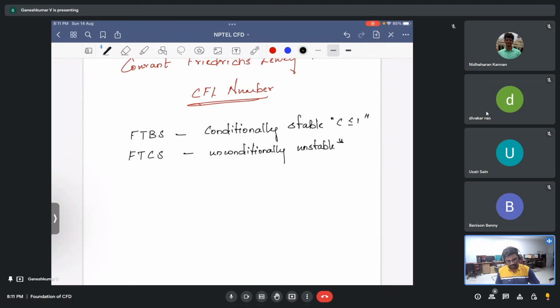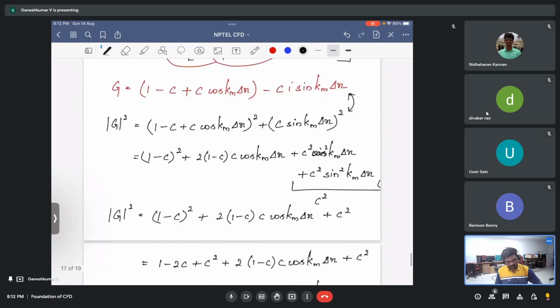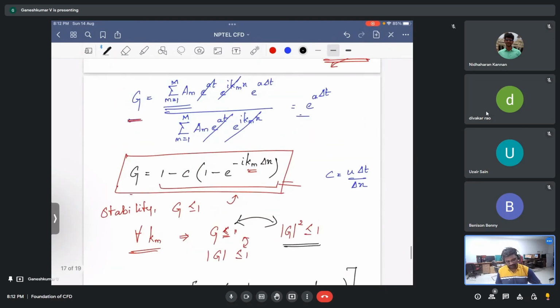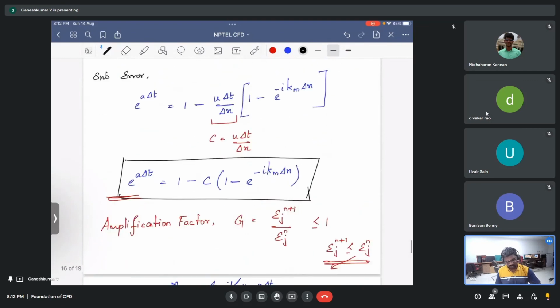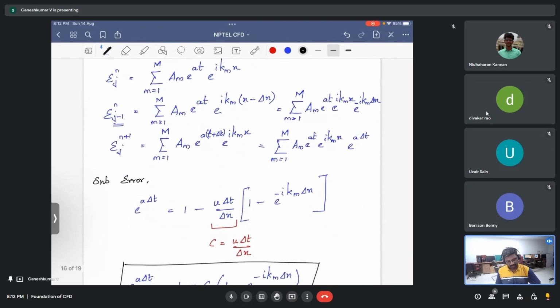Similarly, this is for explicit. You can do the same thing for implicit FTCS. The only thing is it changes delta t here. If we go back here, this is how you wrote the equation.